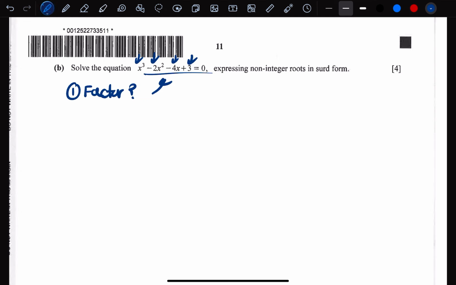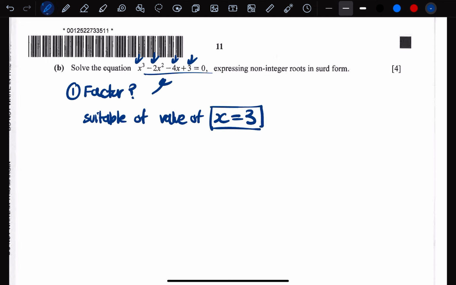And then you just need to find some factors, right? Of which we can say that a suitable value of x is that x will equal 3, right? When you do this, your calculator gives you 3 different answers. One of them is x equals to 3. And the other 2 are decimals on your calculator, right?